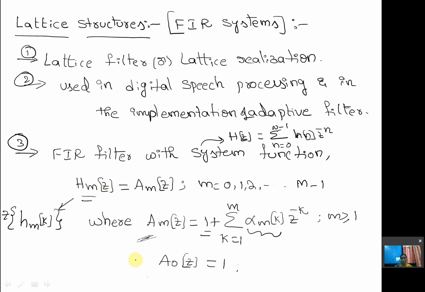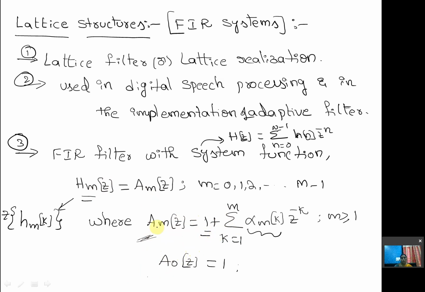So for the 0th order filter, the system function is equal to 1. If m is greater than or equal to 1, like first order, second order and mth order filter, the system function has this formula.